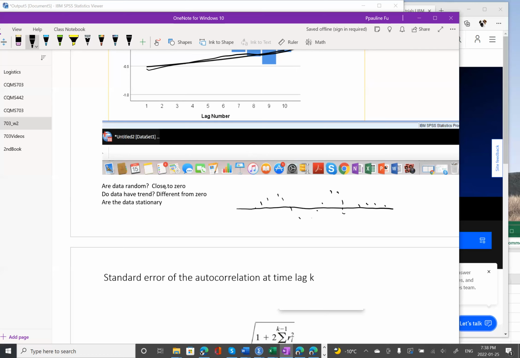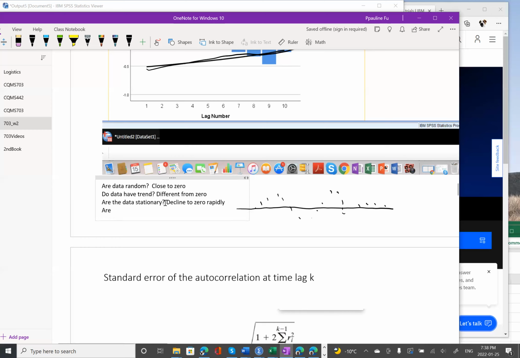Okay, that is stationary data. How do we know the data are stationary? If we can see the autocorrelation decline to 0 rapidly, we can say data are stationary.